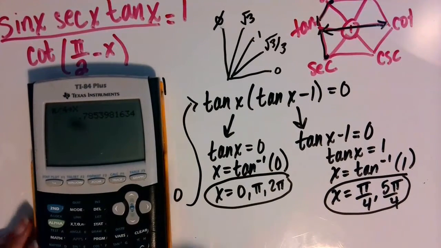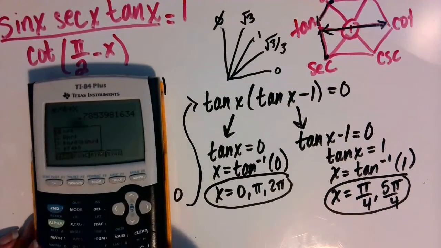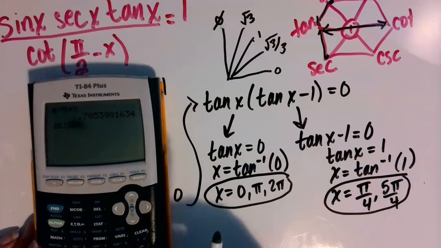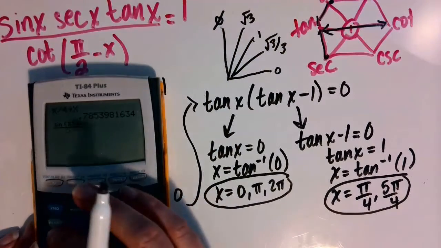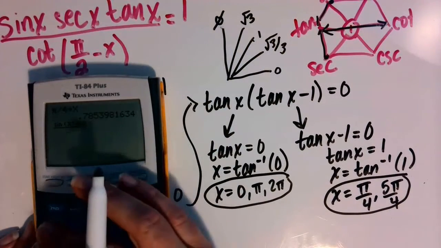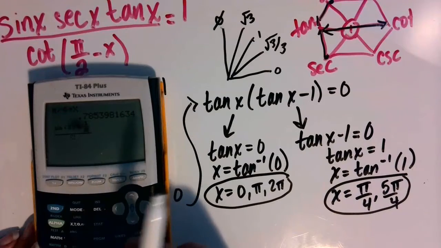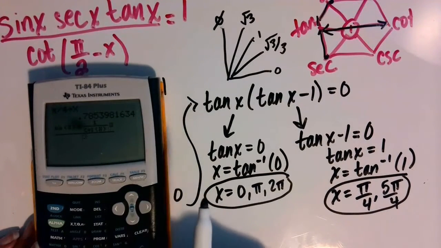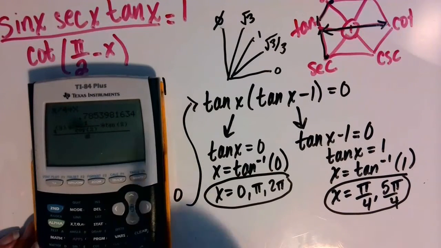And then we have the sine in the numerator. So let's make a fraction here with sine of x times, and then secant is 1 over cosine. So we'll have another fraction, 1 over the cosine of x, and then that's times the tangent of x in the numerator.